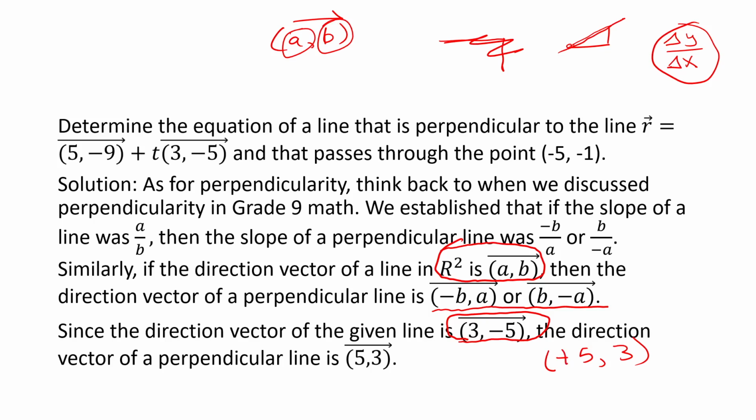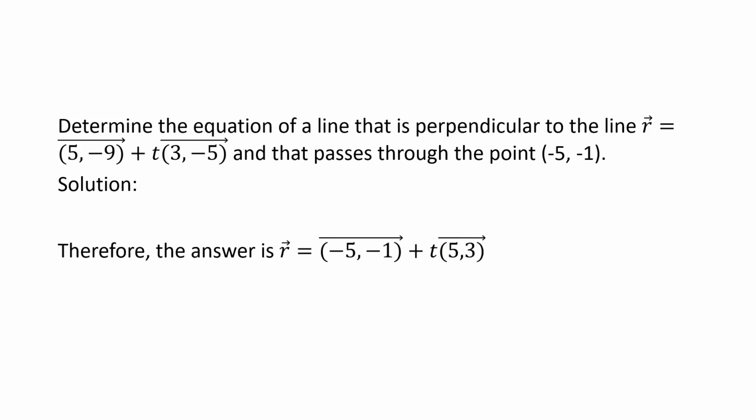So we could make it +5, 3, and that would be a direction vector for a perpendicular line. Or if you prefer, once you do that move of switching the x and the y components and you want to change the sign of one, you could have also made it -5, -3 instead. But we'll use 5, 3 as our direction vector of a perpendicular line.